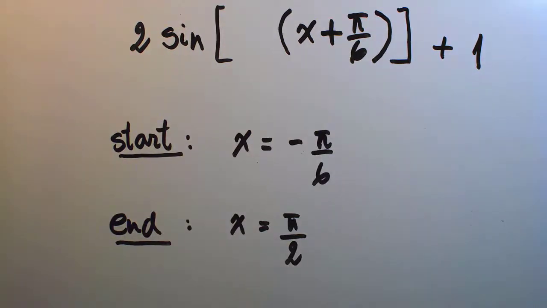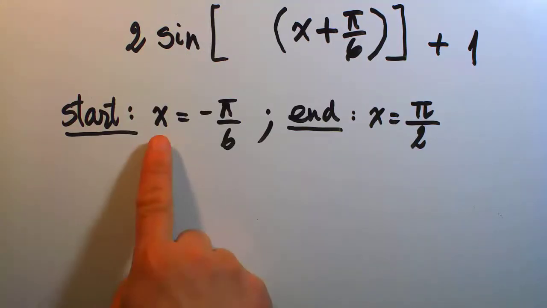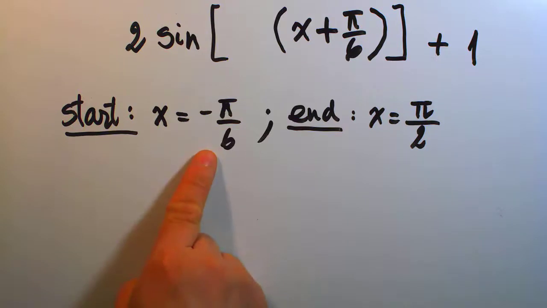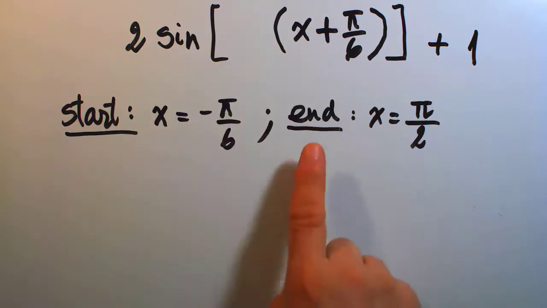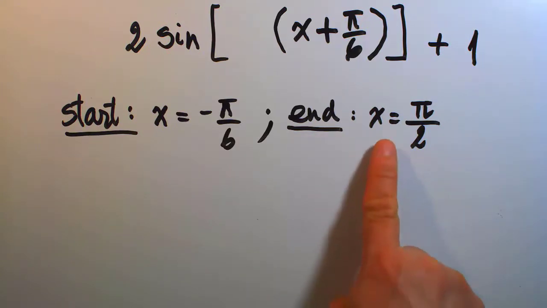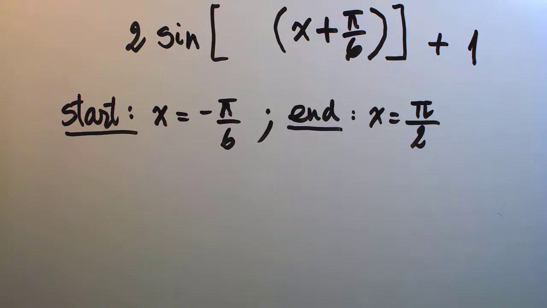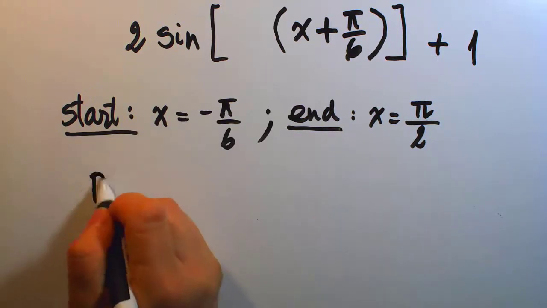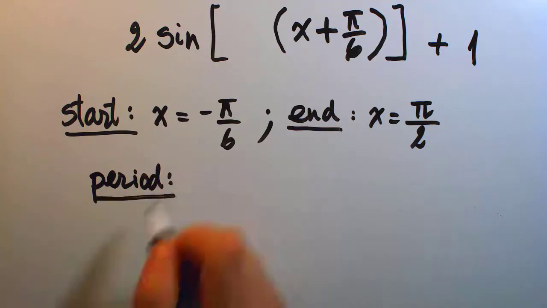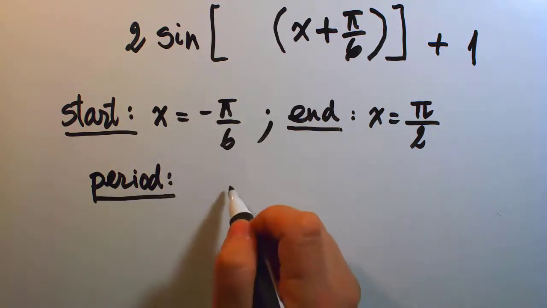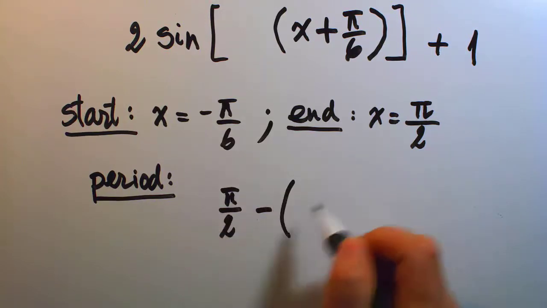And we're almost done. Now having our start nailed down at x equals negative pi over 6, and our end right here at x equals pi over 2, we can recognize that the period for our base unit is always, as a rule of thumb, the end minus the start.